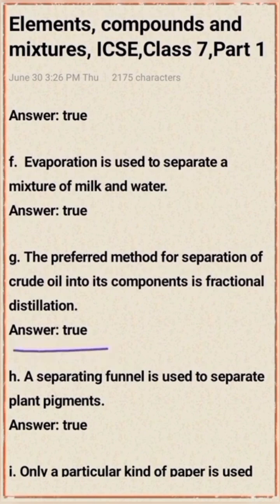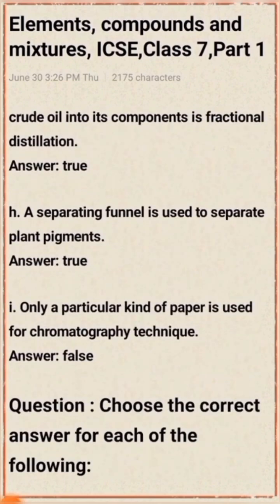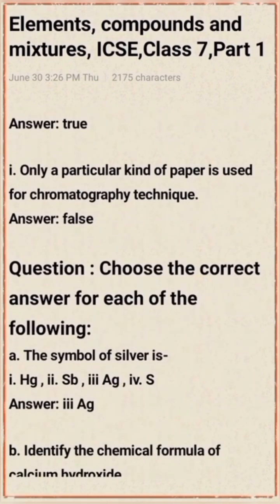Next, question number H. A separating funnel is used to separate plant pigments. This statement is true. Next question, number I. Only a particular kind of paper is used for the chromatography technique. This statement is false.